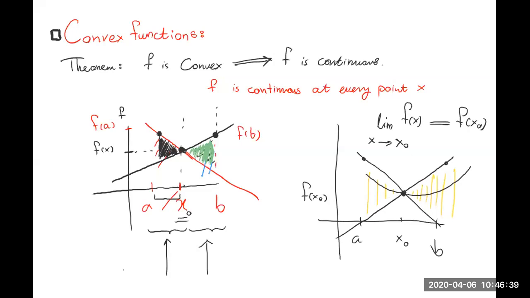So there are two lines here. Both of these lines, when x is converging to x naught, are converging to f of x naught.